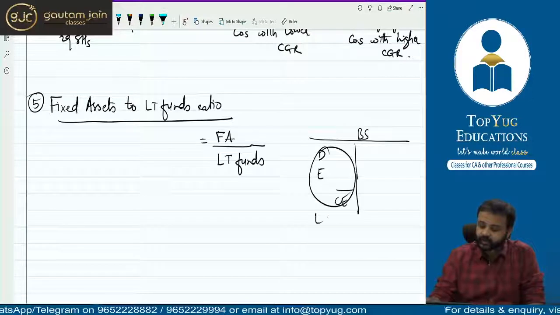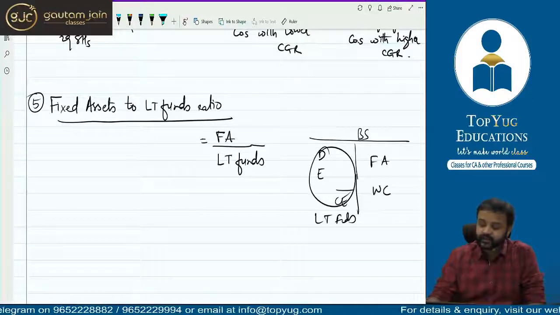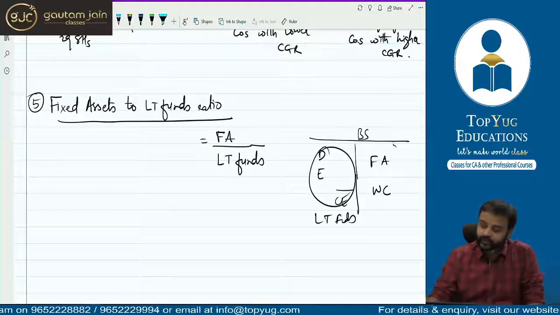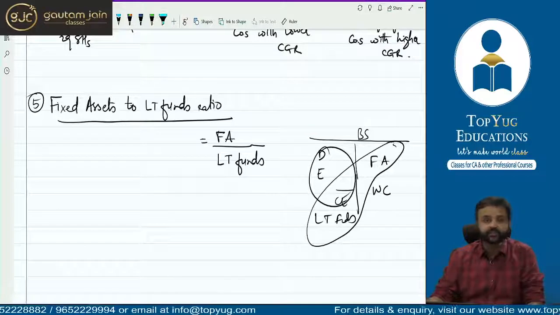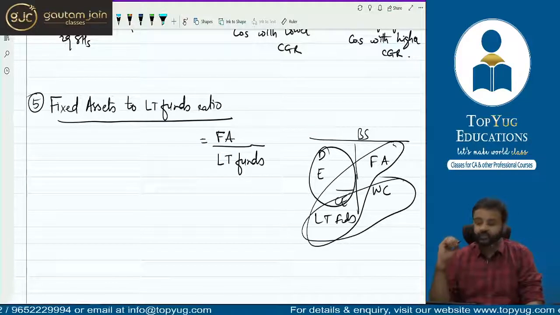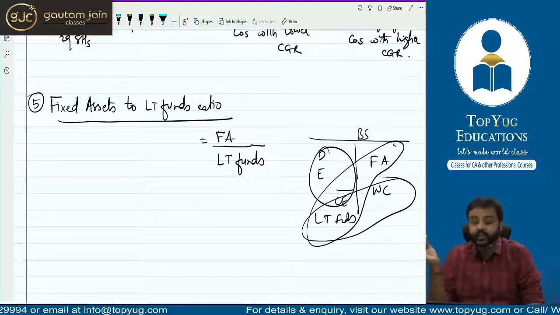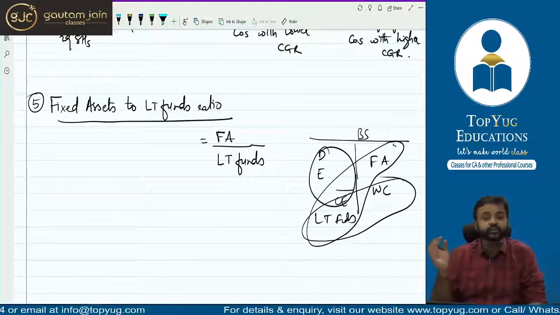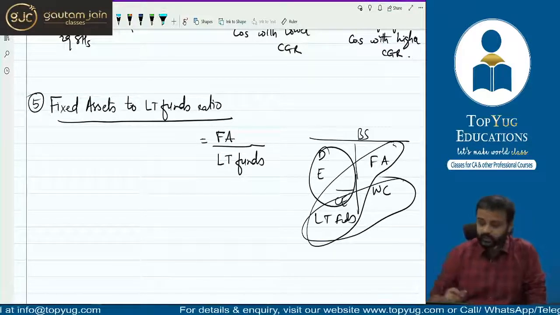That means this is nothing but long-term funds. This will be applied for fixed assets or working capital. So first we are comparing fixed assets with long-term funds. Next I'm saying we can compare working capital with long-term funds. So if you know fixed assets with long-term funds is 60%, that means working capital to long-term funds ratio will be what? 40%. Right? Great.